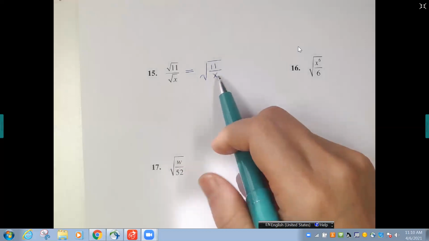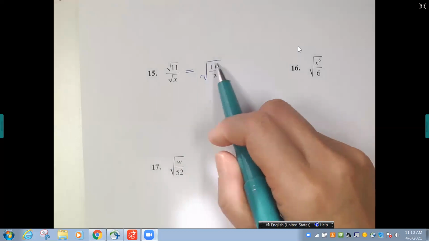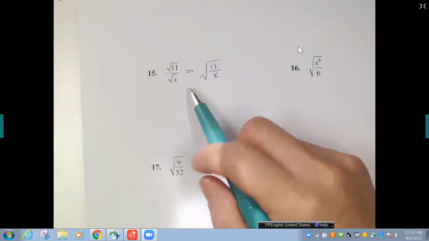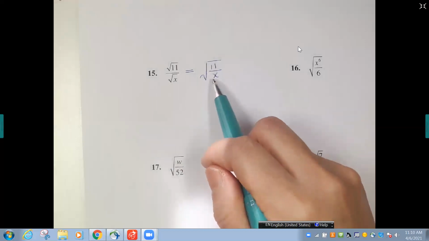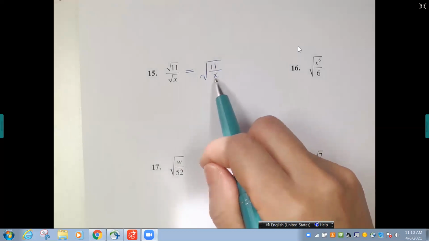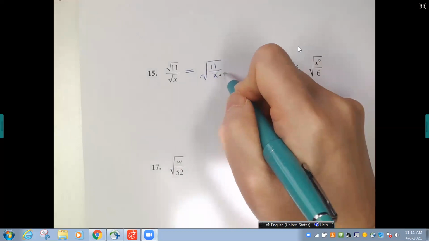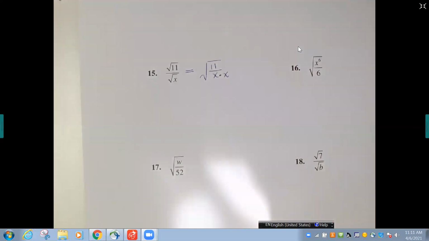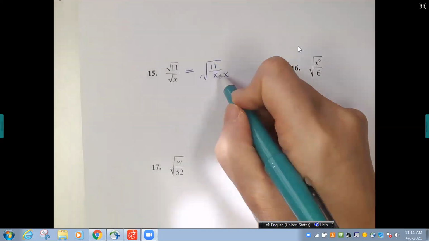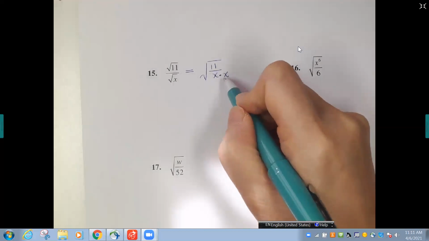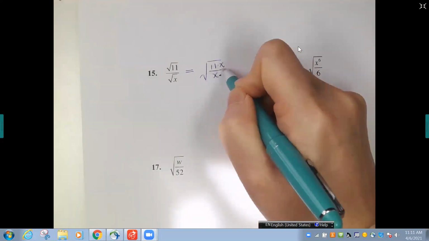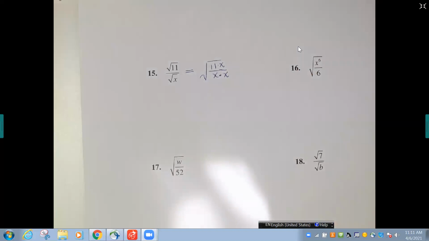And then we know we want to simplify this radical expression, and we also need to move the denominator out. What do we have here? We have x. If we want to move x out, we're supposed to have another x. So multiply by itself. Whatever we do to the denominator, do the same thing to the numerator, times x as well.